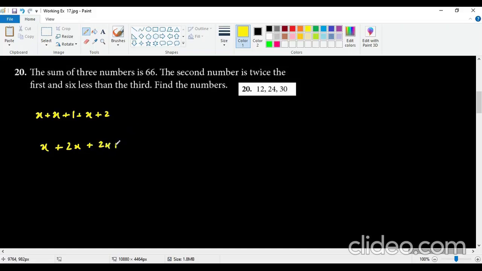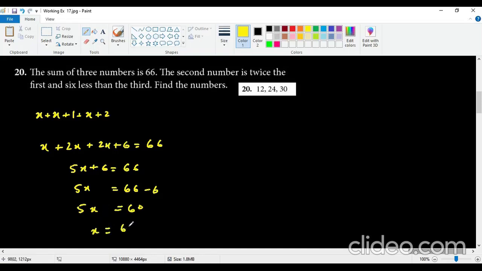When we add them together, that gives us x plus 2x plus 2x, which is 5x, plus 6 equals 66. That means 5x is equal to 66 minus 6, which is going to give us 60. And when 60 is divided by 5, it's going to give us 12.